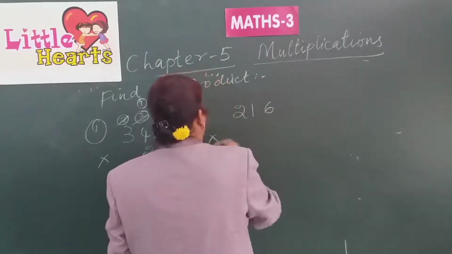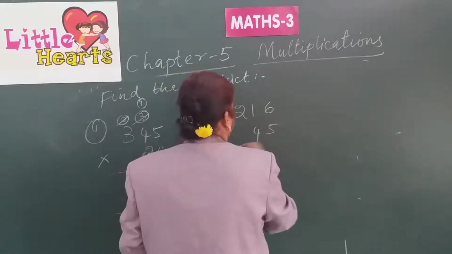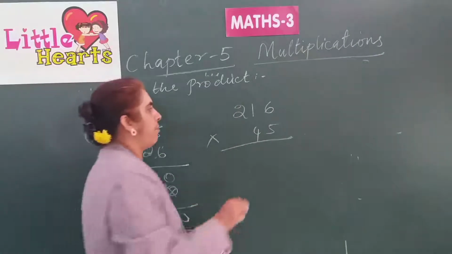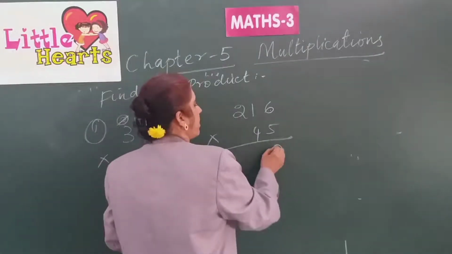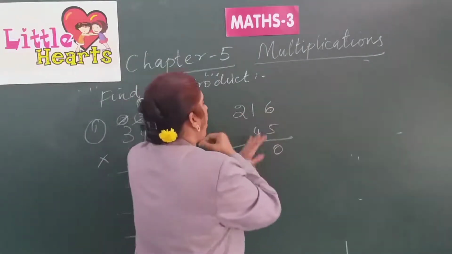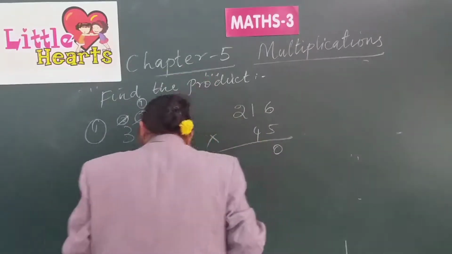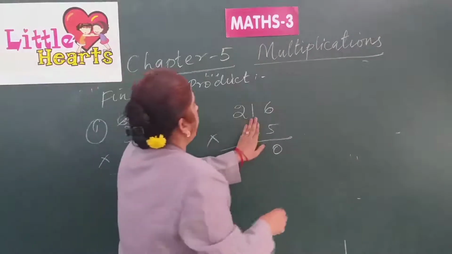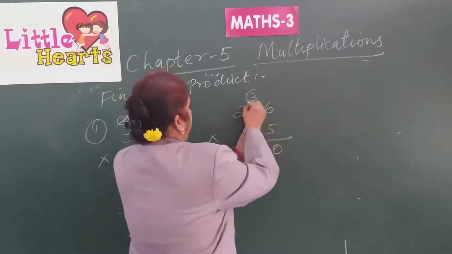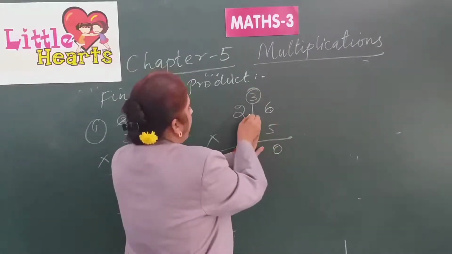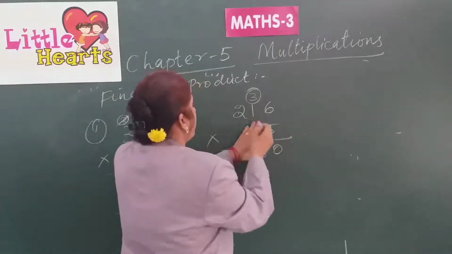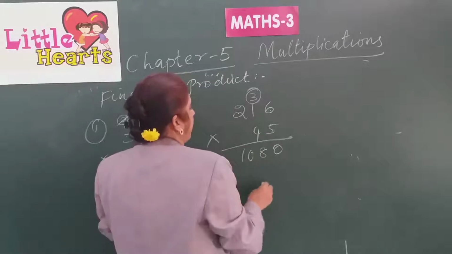216 into 45. So a 3-digit number with a 2-digit number. 5 6s are 30. Ones place with ones, all the 3 digits. 5 6s are 30. 5 ones are 5 plus 3, 8. 5 twos are 10, 1080.